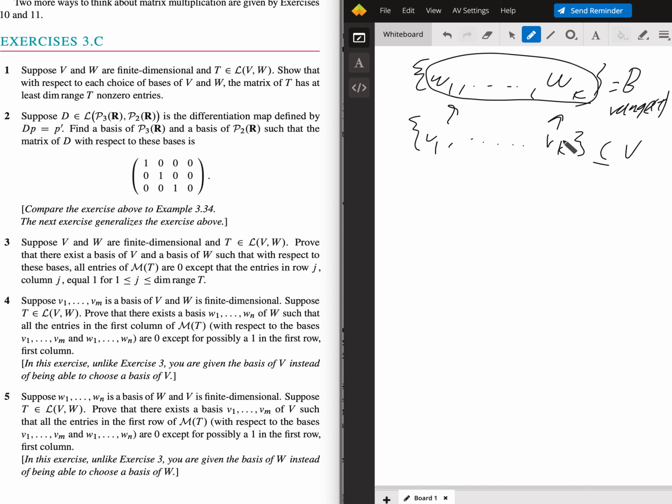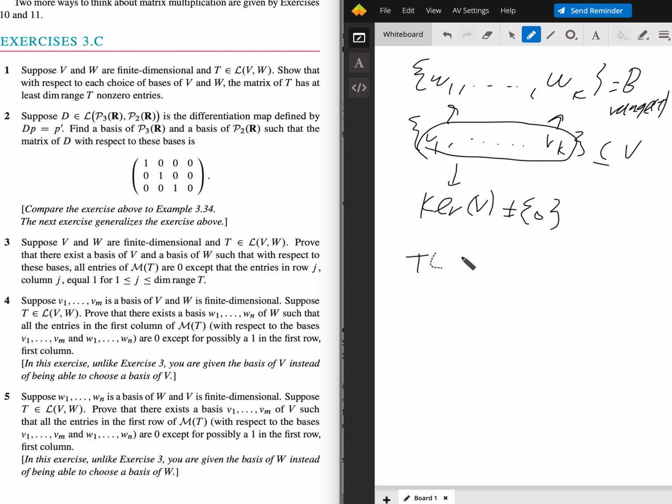If these things are linearly independent, then so must those. But there's an obfuscating factor here, which is that the kernel of V could be not just 0. And in that particular case, a linear combination of this when put into the transformation will be 0. And that's the obfuscating factor here.